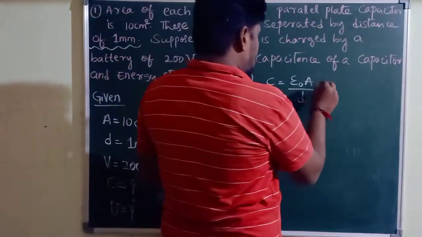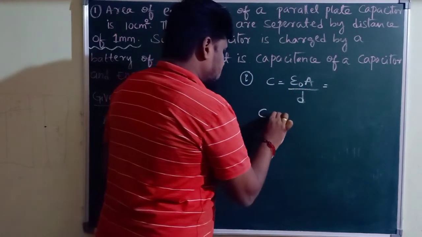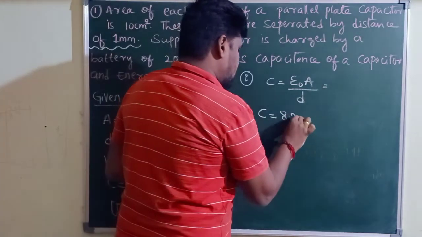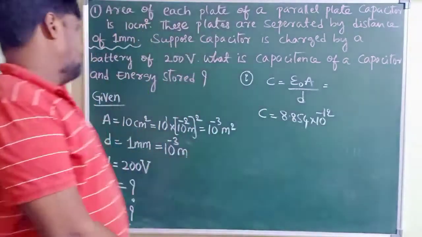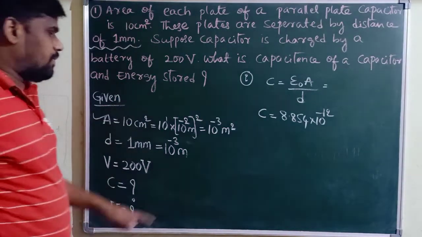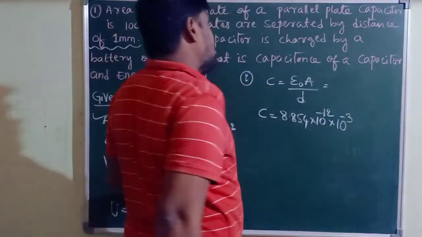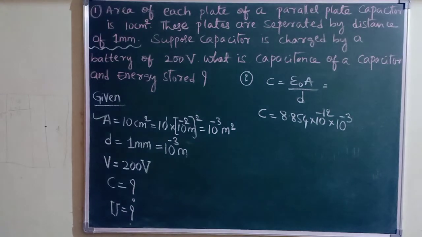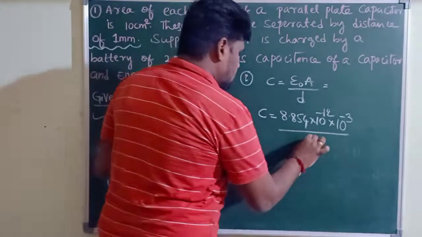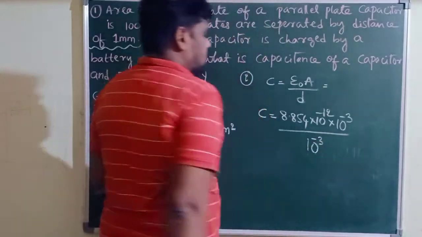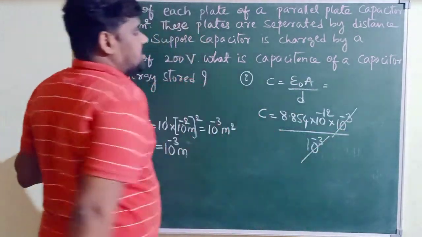Substitute the values here. What is the epsilon naught value? C is equal to epsilon naught, 8.854 into 10 power minus 12, times the area of the plates, 10 to the power minus 3, divided by the distance between the plates, which is also 10 to the power minus 3. 10 power minus 3 and 10 power minus 3 get cancelled.